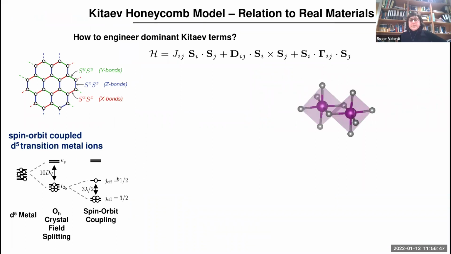The recipe by George and Giniyat was done for d5 transition metal ions with a strong spin-orbit coupling. We need that because we need these bond-dependent interactions. And in fact, with a crystal field splitting which is octahedral, we can work with the t2g orbitals with the d5 filling. Then we have the splitting into the filled J effective 3/2, and we are at the end of the day with J effective 1/2.